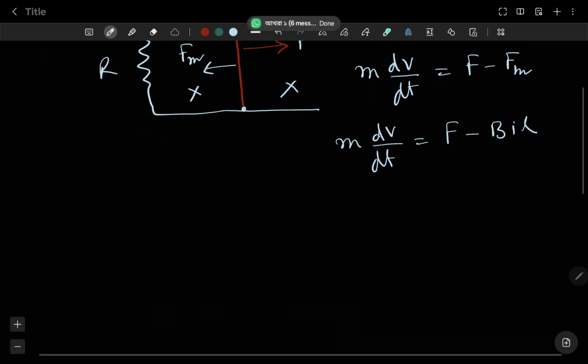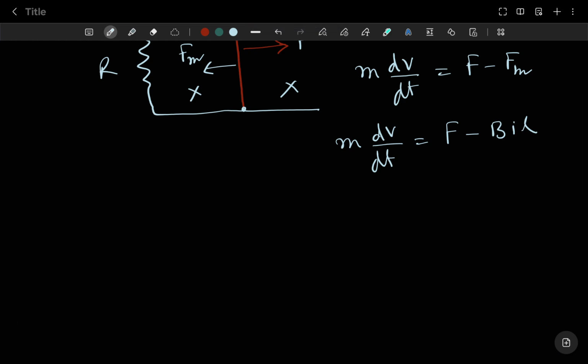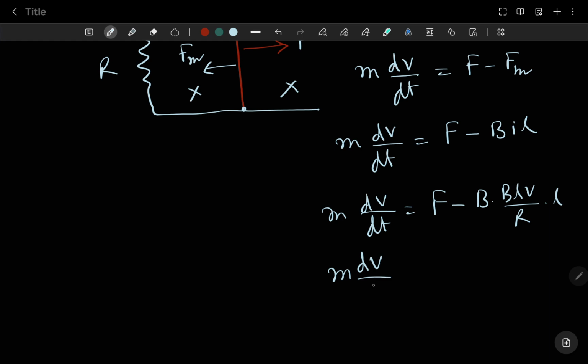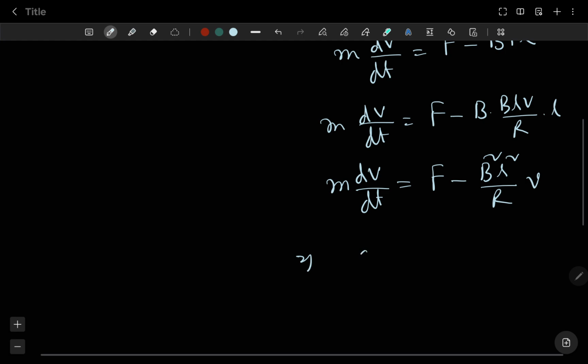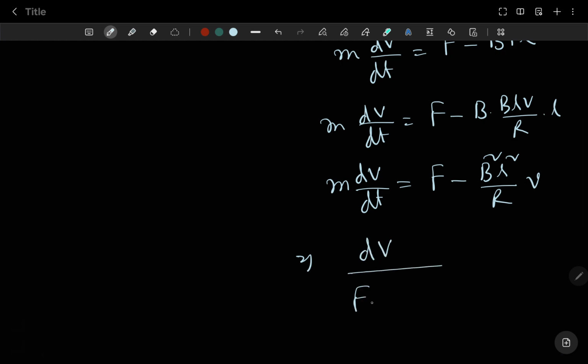Now put the value of I. We will get F minus B into BLV by R into L. So m dv/dt will be F minus B square L square by R into V. If we write it like this, dv over F minus B square L square by R into V equals 1 by m dt.